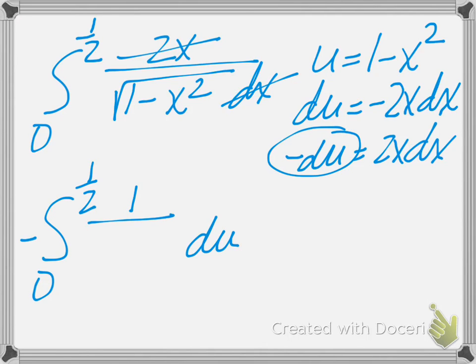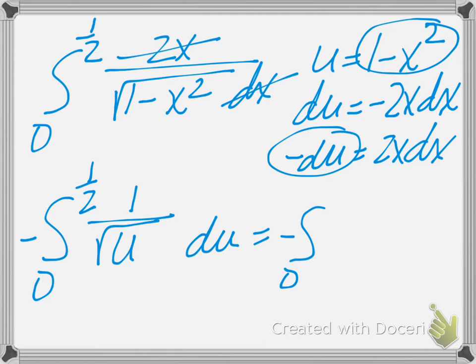And we're left with 1 over radical 1 minus x squared, but 1 minus x squared is equal to u. So we're just going to change this around a little bit, because 1 over radical u is the same thing as u to the negative 1/2. Okay, so we're going to have a negative, and then we're going to have u.